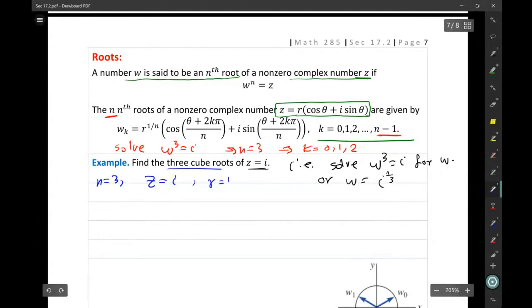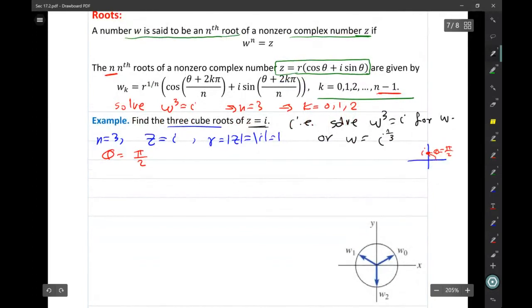Here r is equal to the modulus of z, which is 1, because the modulus of i is equal to 1. And where is this complex number located? i is here. How much is theta? It is equal to pi over 2. So theta is equal to pi over 2.